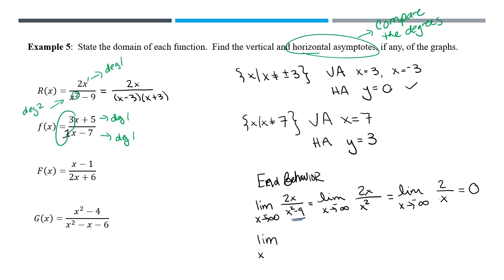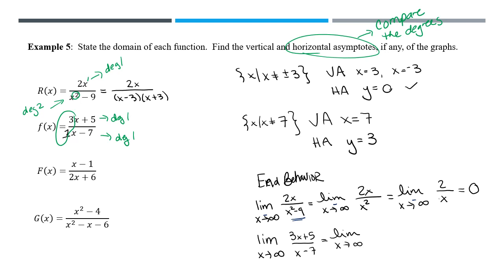So again, I'm considering what happens when x gets really, really big and positive. So the limit as x goes to infinity of (3x plus 5) over (x minus 7). The same idea, I'm taking the limit as x gets really, really big.